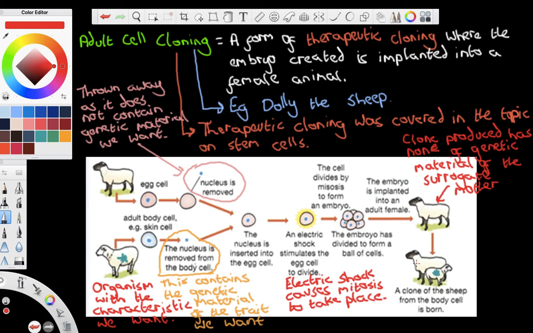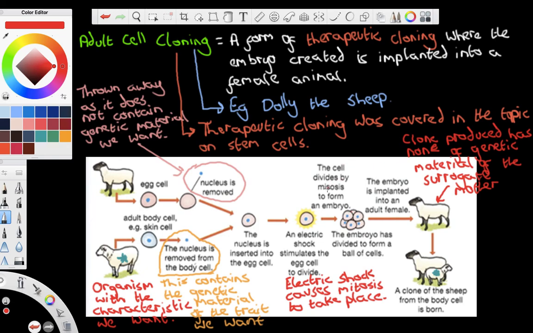So adult cell cloning is a form of therapeutic cloning where the embryo created is implanted into a female animal. Essentially, we take an egg cell from a female of that species, we remove a nucleus from the egg cell. At the same time, we take a body cell from the organism we want to clone and we remove its nucleus. We put the nucleus from the organism we want to clone into the empty egg cell from the other one. We give it an electric shock, which then creates an embryo, or the cells divide by mitosis to form an embryo.